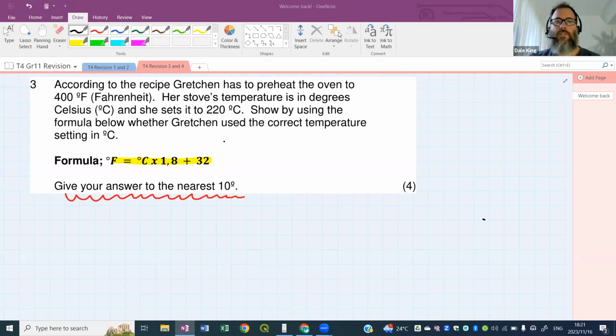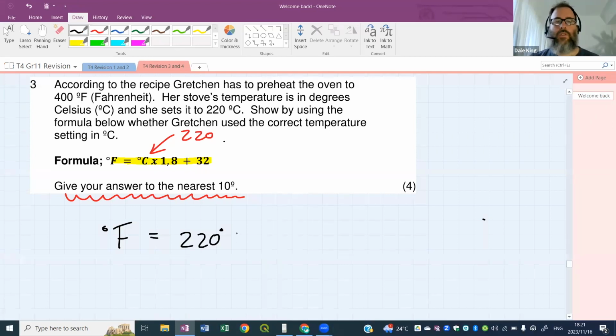All right, good. Excellent, excellent, excellent. Okay, good. So you guys have said that we need to use the formula and to find out what degrees Fahrenheit she is going to have if she uses 220 degrees Celsius. We're going to put that into the formula at degrees C. All right, we'll put in a 220 at degrees C there. So 220 goes in over there.